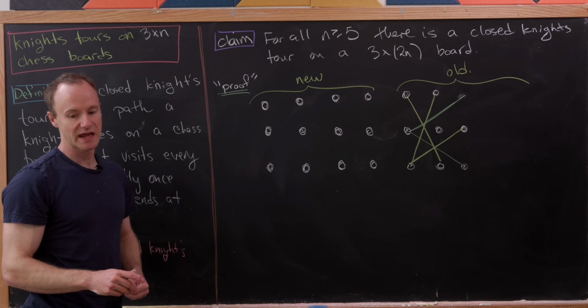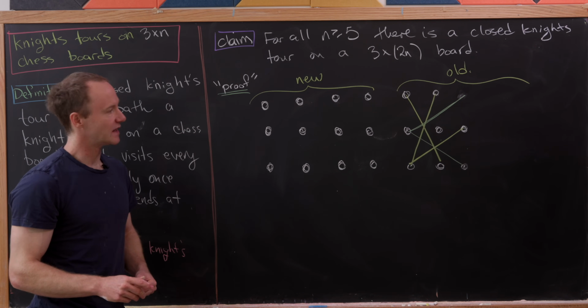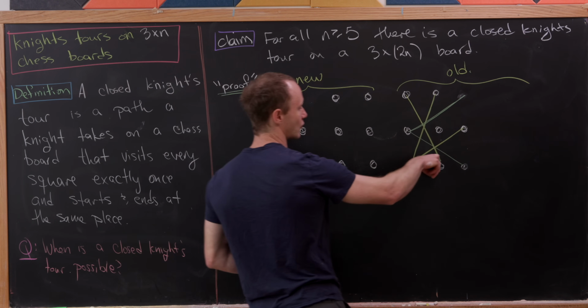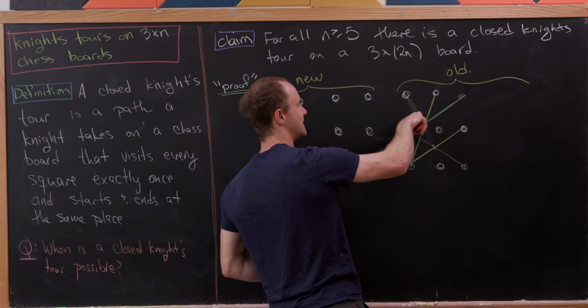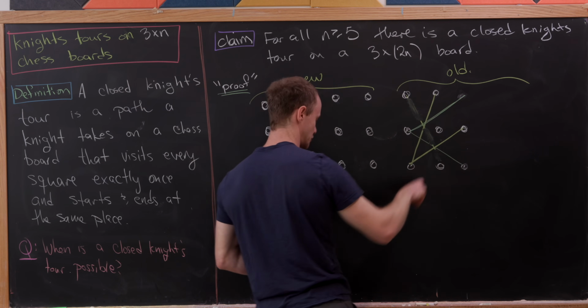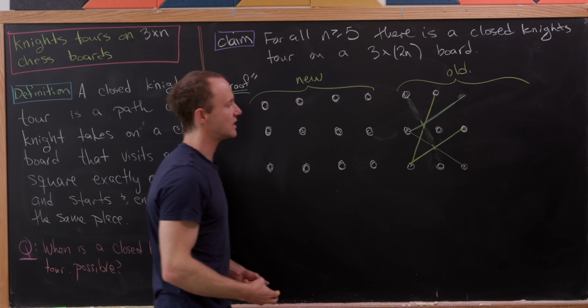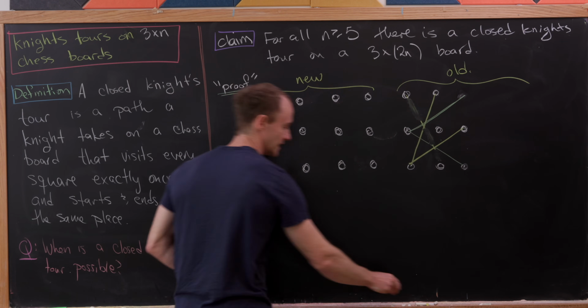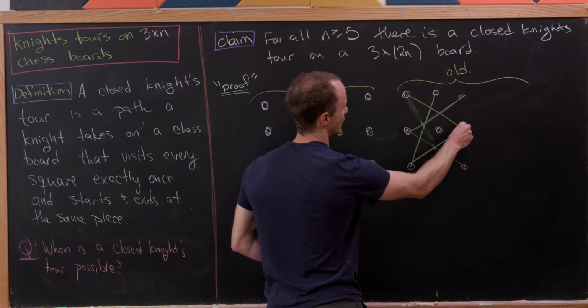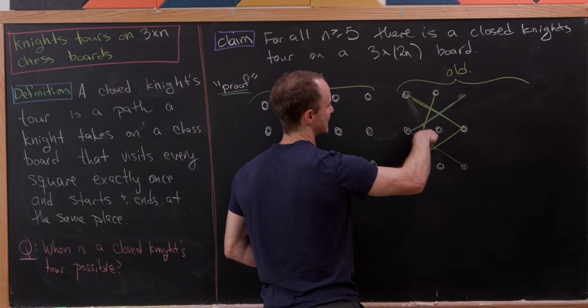And then here's the big trick: we're going to erase this edge. We remove this edge from the old tour, and then we use the fact that now those vertices can be connected to 2 new things. Oh, and I should point out that here we have that connection, so we're leaving that one.